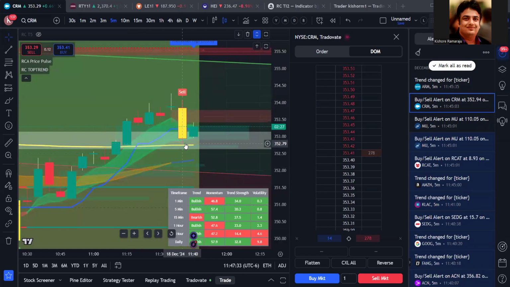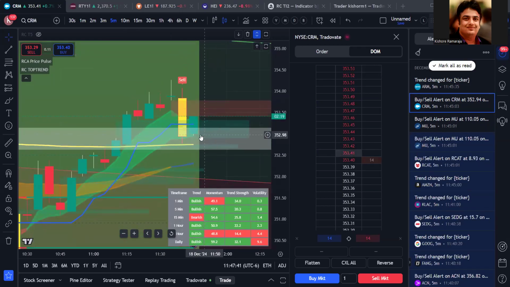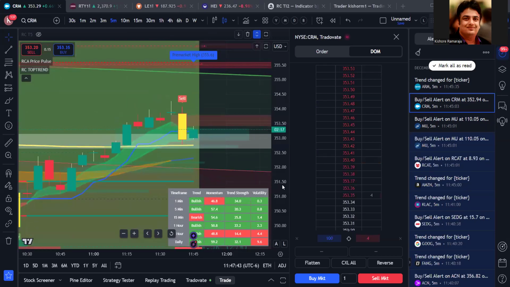So I got a sell for CRM, but the background is green, so we can ignore the sell signal. If I get a buy signal, I can go long on CRM.